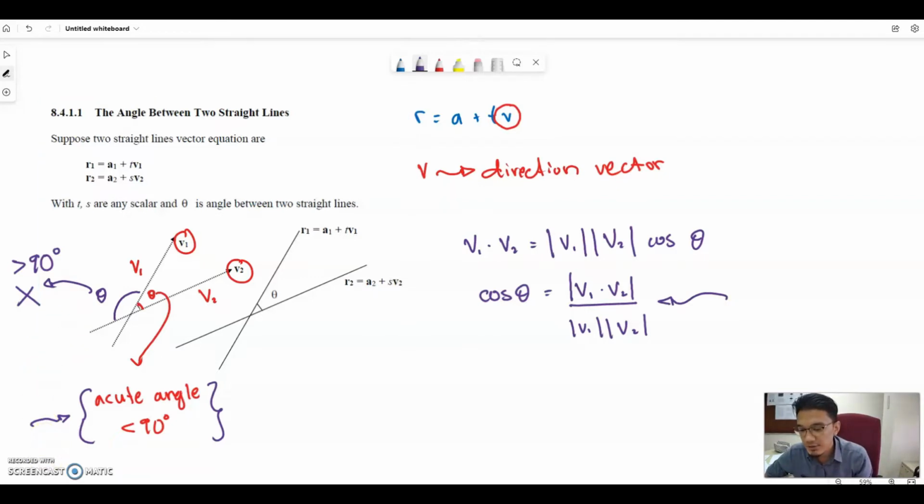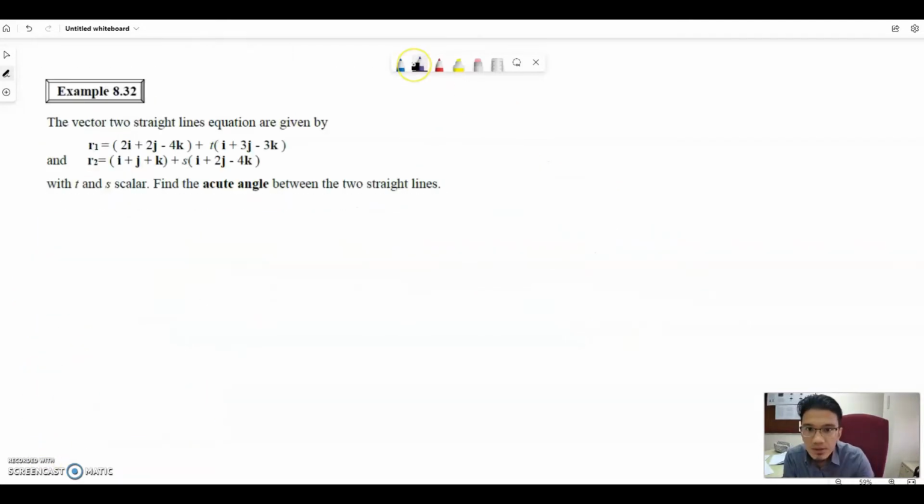Now let's look at an example. Alright, let's look at example 8.32. We start with an easy example first. Given right here we have two equations of straight lines, which are R1 and R2. Both are in different directions, as you can see, because the direction vectors are different.